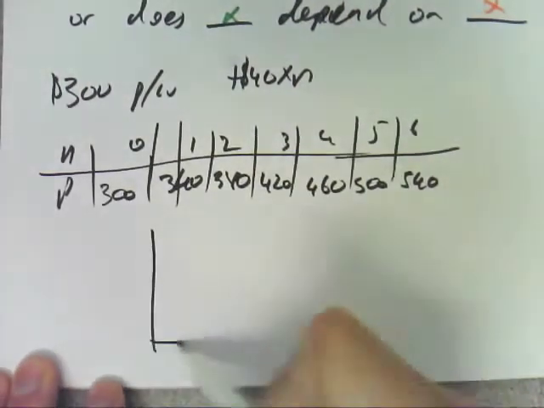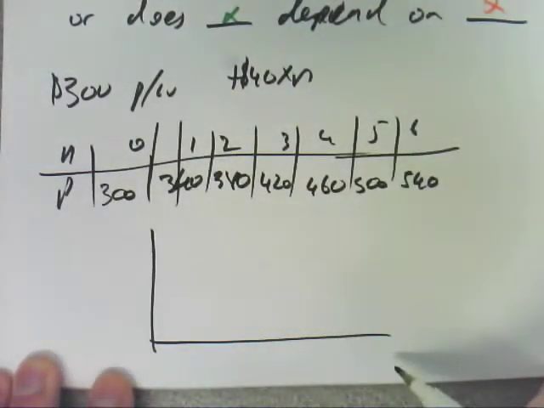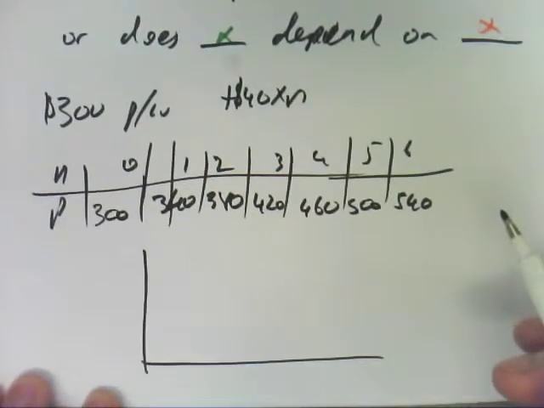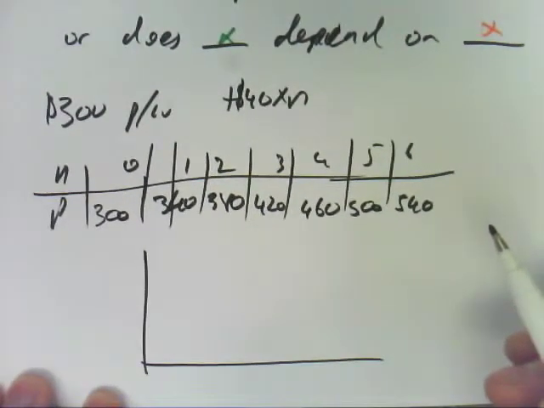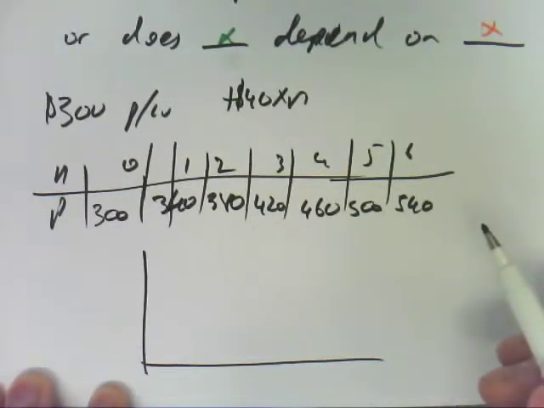Okay, so we've got to draw a graph. Here's where we need to work out which one depends on which. Does the amount she gets paid depend on the number of computers she sells, or does the number of computers she sells depend on how much she gets paid? The amount of money she gets paid depends on the number of computers she sells.